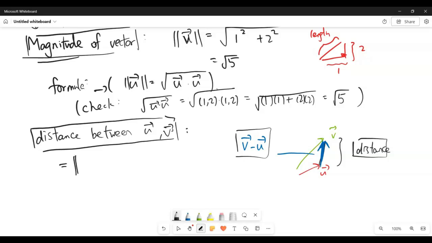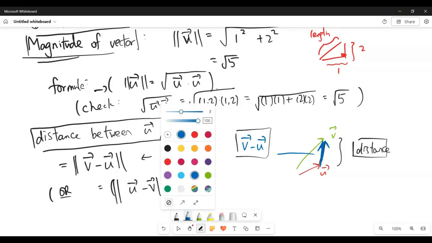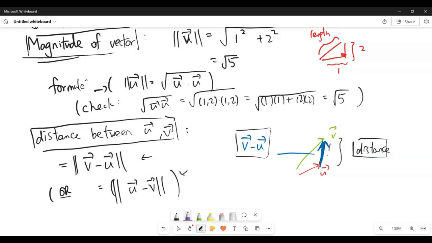So it means we can look at it in terms of the magnitude of the vector v minus vector u. Or the other way, it is the same as the magnitude of the vector u minus v. When you do the calculation, these two will give you the same answer 100% of the time, because the vector u minus v is the opposite direction of the vector v minus u.